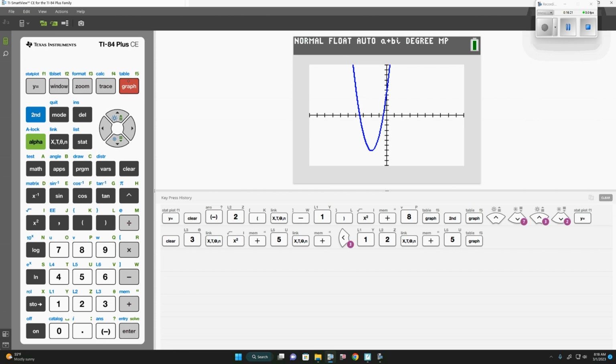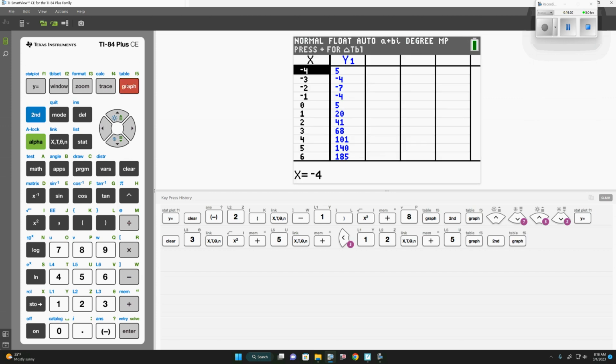Now the x-intercepts for this one aren't nice, so we'll have to do a little work to get those. And if we look at this here, second table, I am able to find the vertex. As we said, the vertex is the lowest or highest point. Also, the points to the left and right of it are going to mirror each other.